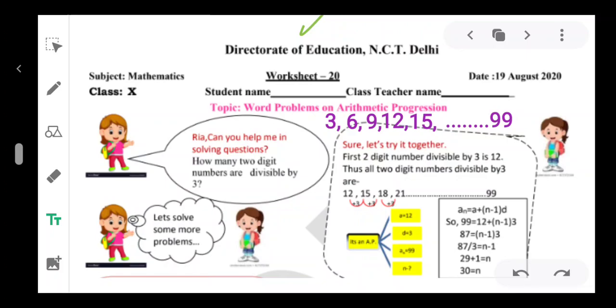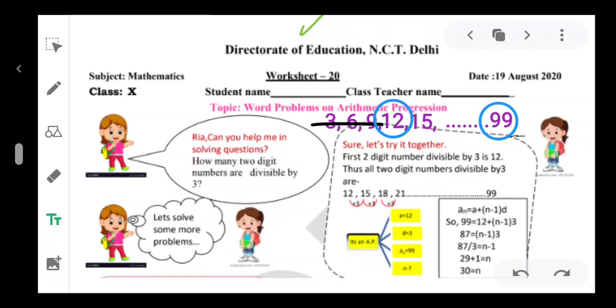But we have to find only two-digit numbers, and 3, 6 and 9 are one-digit numbers. So leave these 3, 6, 9. So now our first term is 12. First term means a, and last term is 99.